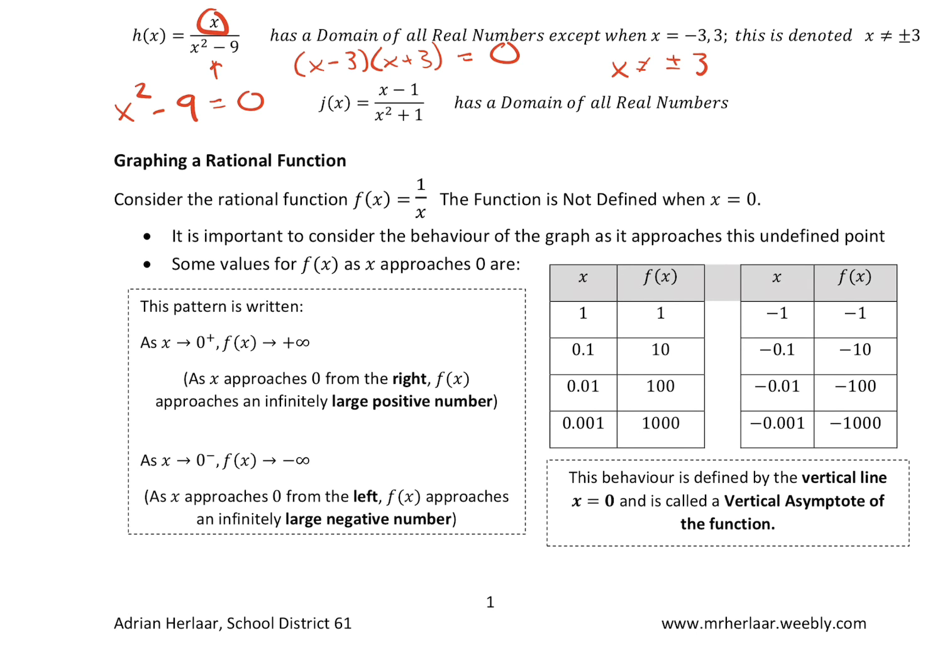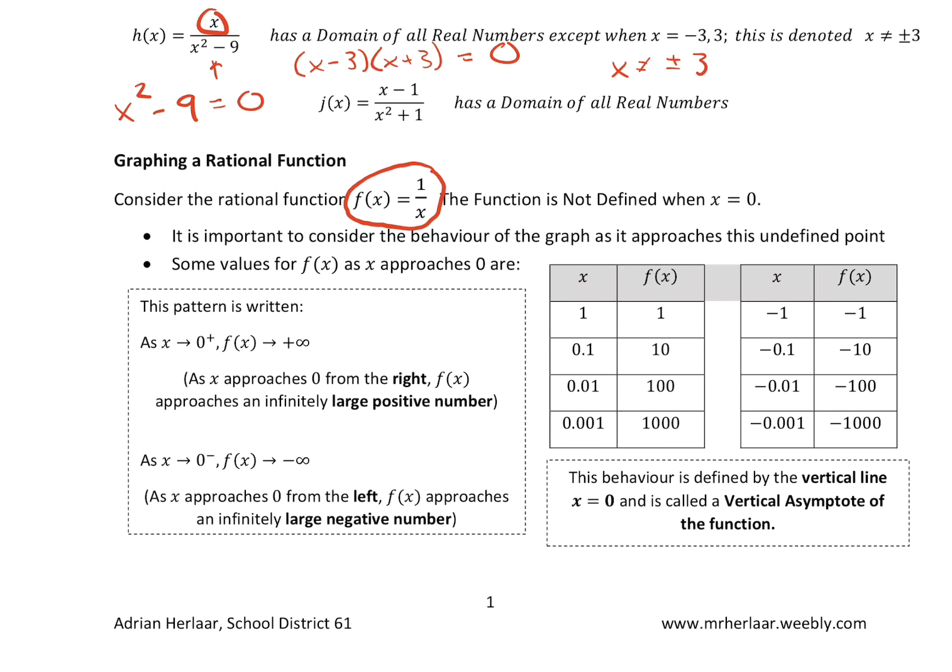The next thing we want to know is, what is the behavior of a graph as x approaches infinity, or as x approaches that 0 point. So if you have the most basic function, 1 over x, x equals 0 is not allowed. So what happens as we get closer and closer to 0?